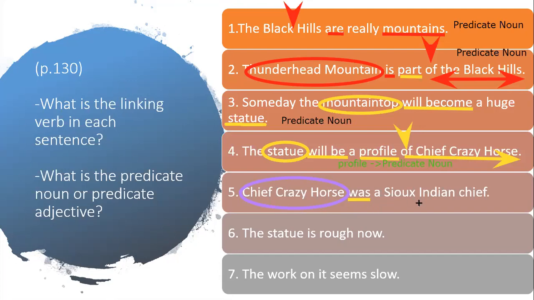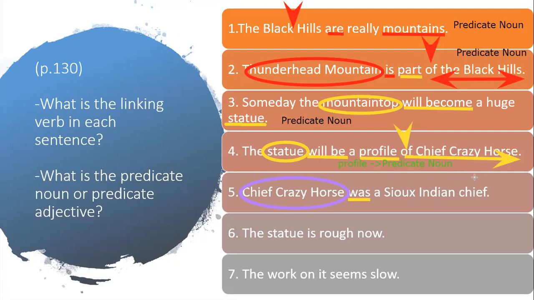And now I'm going to focus on the predicate side. Now, do you see any nouns or adjectives that could describe or rename Chief Crazy Horse? Chief Crazy Horse was what? Chief Crazy Horse was how? If you said Sioux Indian, no, you have to rethink what you're doing right now, because Sioux Indian is actually describing the chief.